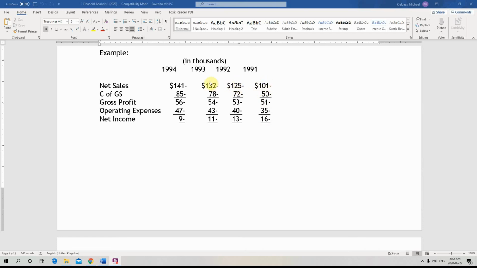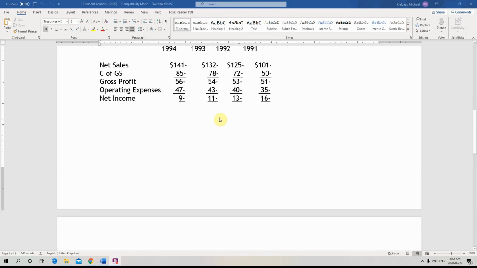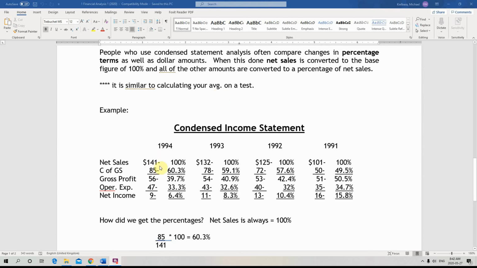What I'm going to do is give you the same table, same numbers, and beside the numbers I'm going to put the percentages. So here we go. This is exactly the table from above, but now there's percentages.